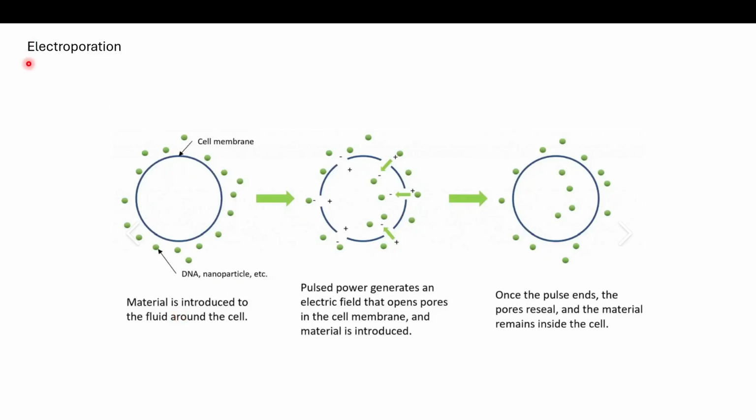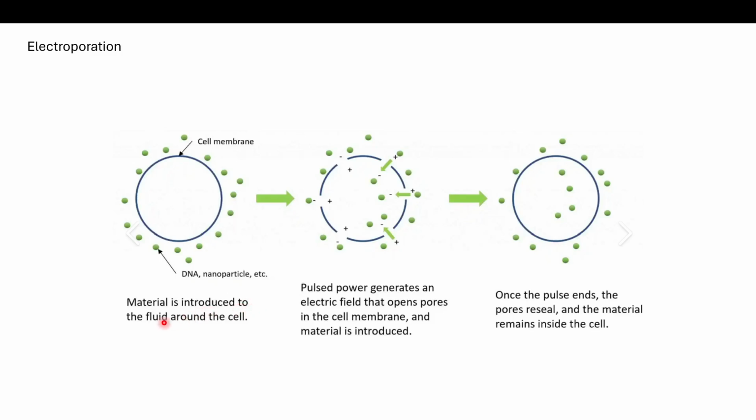So now what are the methods of transformation? These are methods of introducing foreign DNA into the host cell. One is electroporation. So this is the host cell, this is the cell membrane, and then this is the DNA or nanoparticle or any kind of foreign particle that has to be introduced inside.